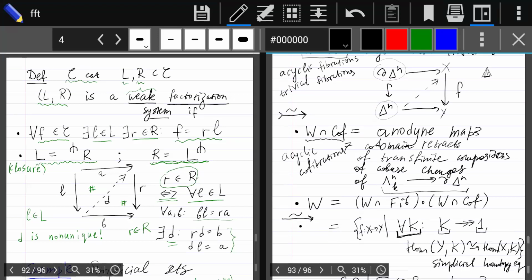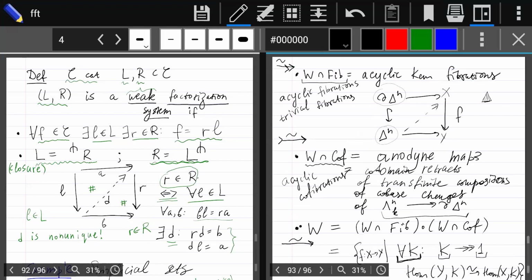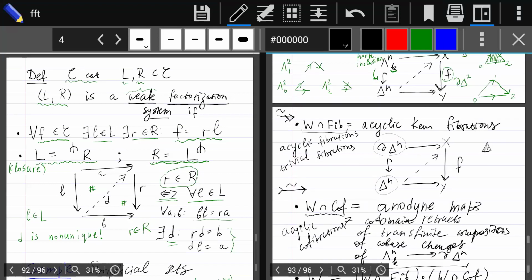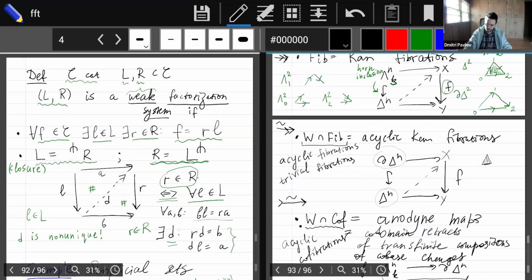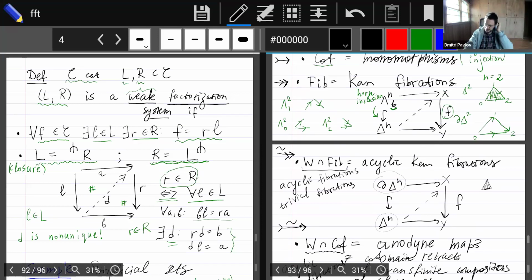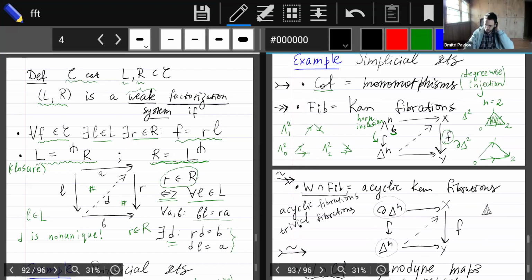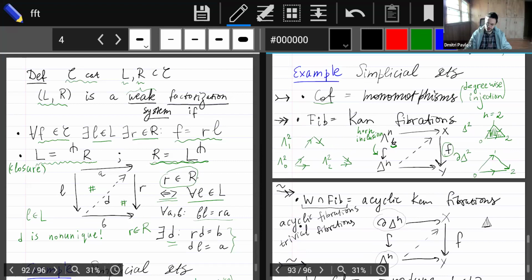Could you reveal a bit of intuition about cofibrations? Some intuition behind this term. Yeah, in fact, we will see an example with cofibrations maybe in a simpler setting. For now, let me just say that there are many reasons why you want to have cofibrations.